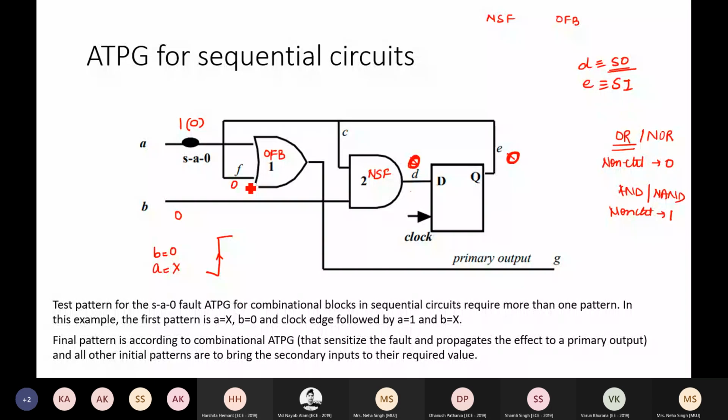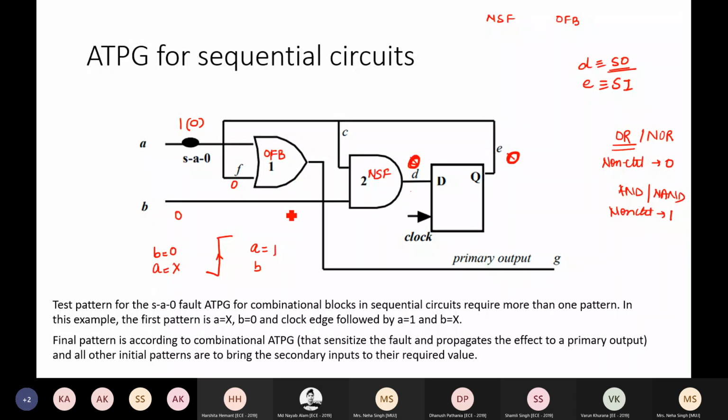At this time, if I want this fault to be propagated, what should be the value that I should give to A? The actual value is 1. So the test pattern should say I should give 1 now. What should be the value of B now? Anything? Because B is no more affecting my OFB.